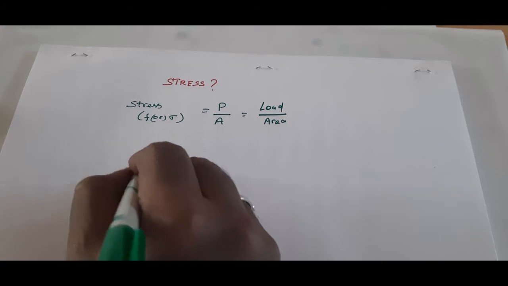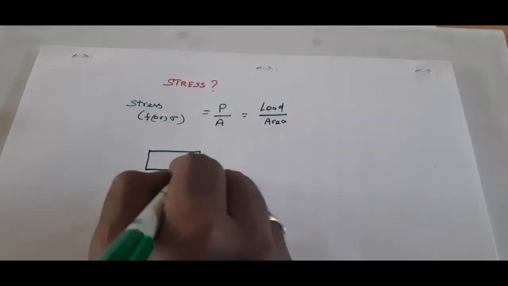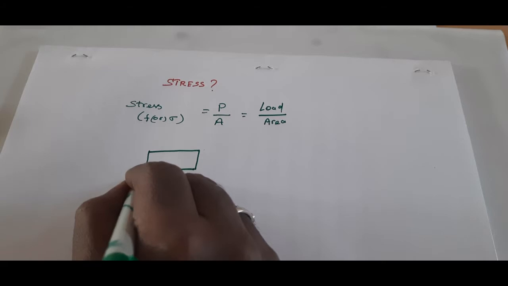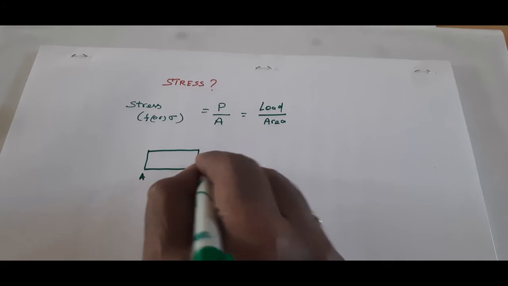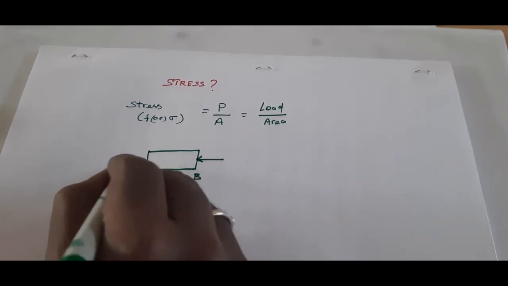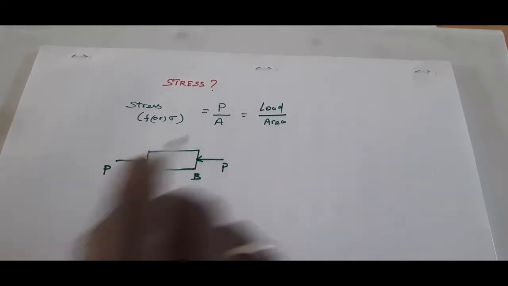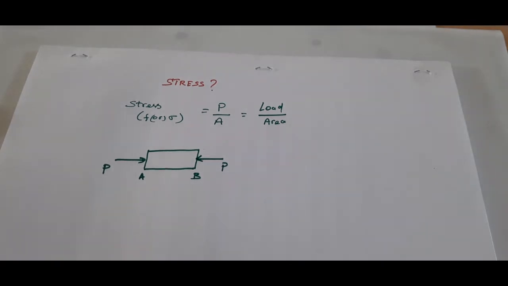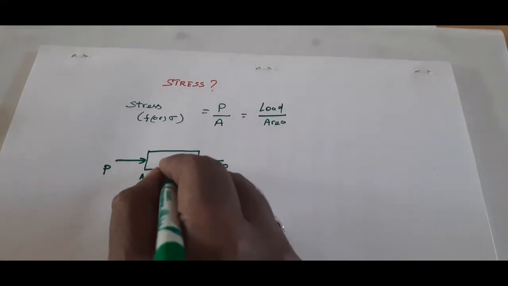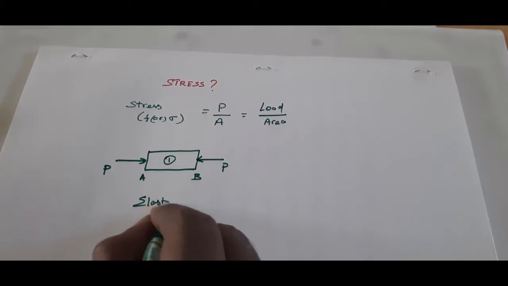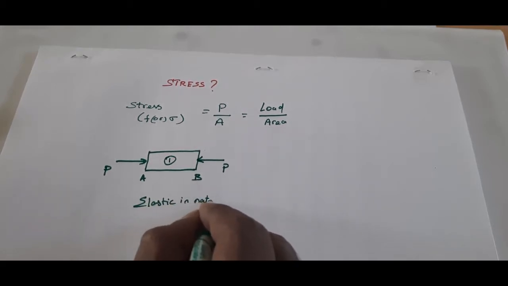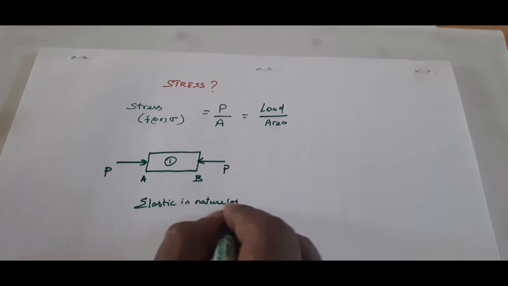Now let us consider a block A and B, and let us assume that this is being compressed by a load of P. The first important thing you have to remember is that this section or member is elastic in nature or behavior.